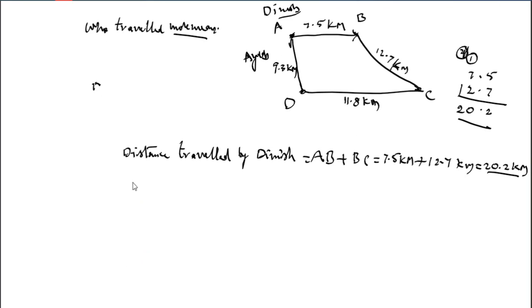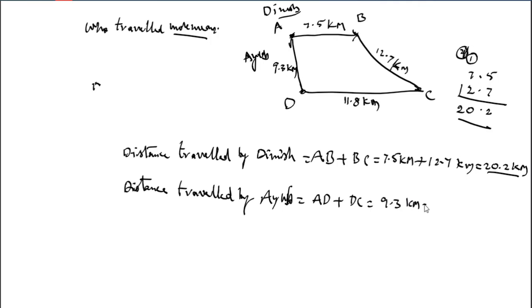Now distance traveled by Ayub is equal to AD plus DC. AD is 9.3 kilometers plus DC, 11.8 kilometers.